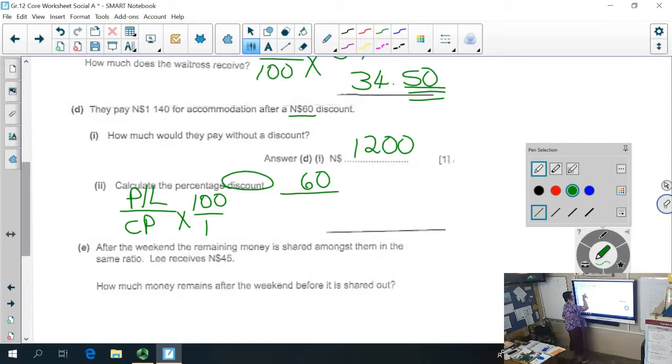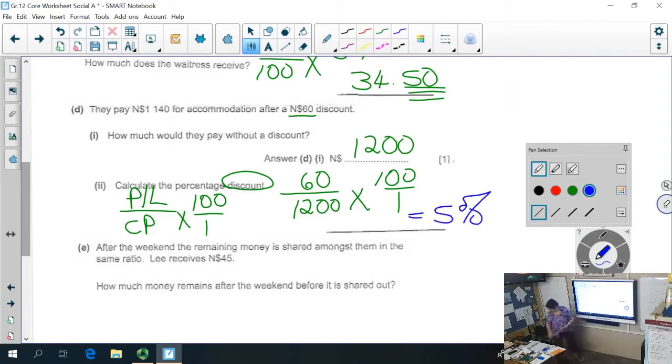That is what you pay before the reduction, so you calculate it on this one. So over 1,200, and to find the percentage, we times with 100 over 1. What is the answer? 5 point? I got 5.26. No. You're right. It is 5%.